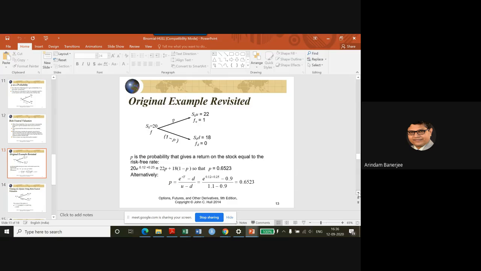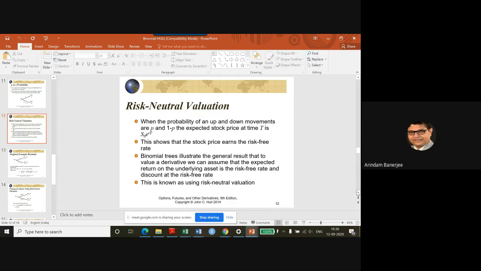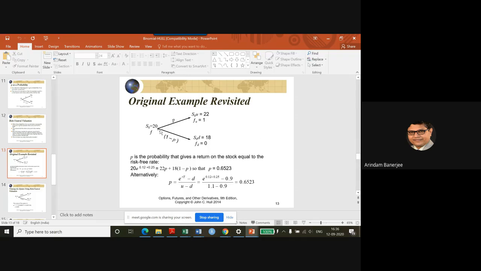Now let's take the original example, the older example. Here this is 20. It may go up to 22, my assumption. It may come down to 18. If it goes up to 22, the option value will be 1. Otherwise, here it will be 0. My objective is to calculate F, right?